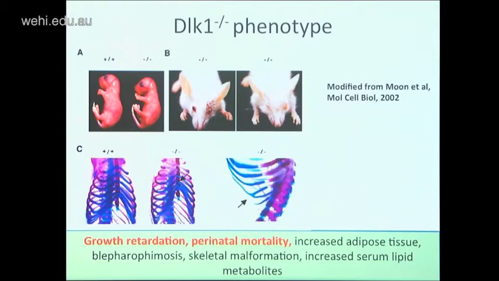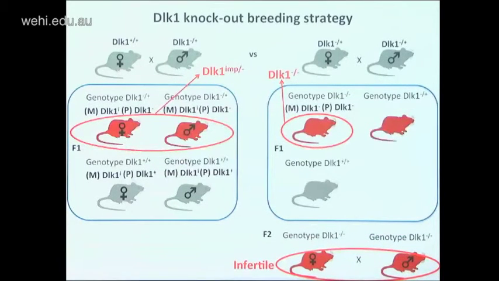So we've actually generated our own Dlk1 knockout mice. And here the entire Dlk1 gene is knocked out. What we hope to do, which was this part here, is make heterozygous Dlk1 male and female and get homozygous knockouts and continue to breed the homozygous knockouts to get enough mice to study.